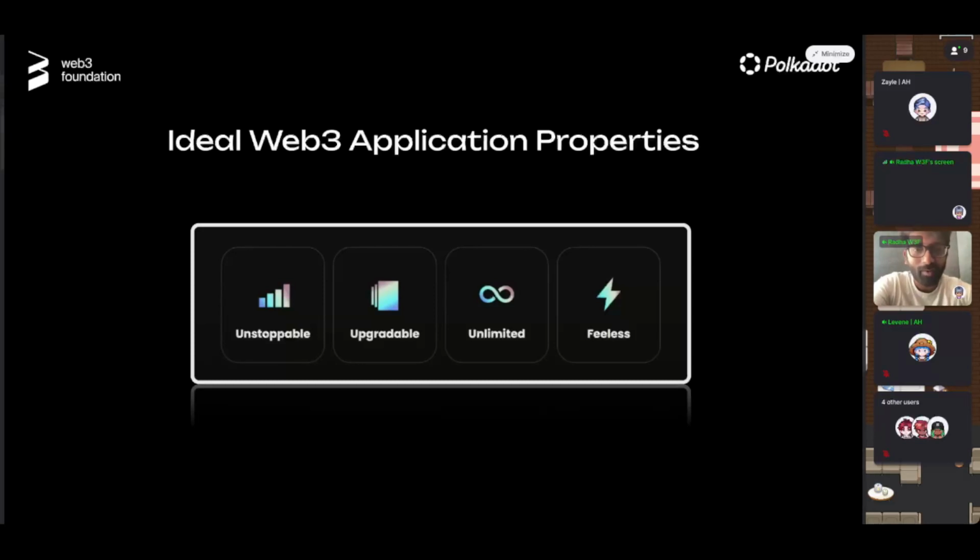Polkadot already has this. If you've heard of the Nakamoto coefficient, you can see that the network itself is sufficiently decentralized. So we are confident that if someone deploys their application on the Polkadot network, there won't be any incident where it can be stopped.